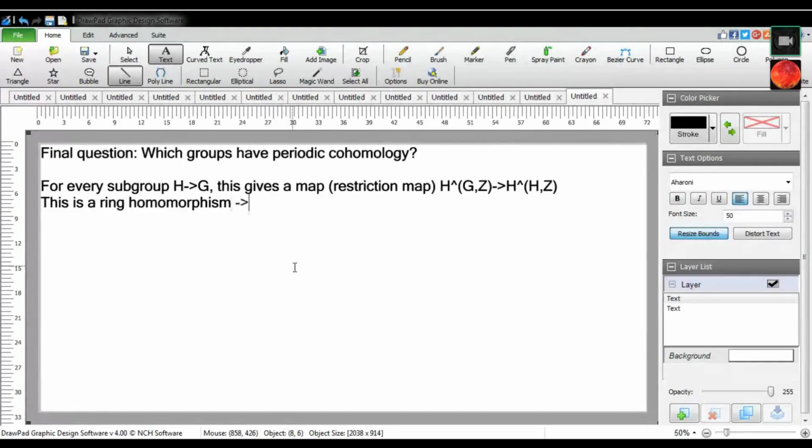What does this mean? This sends invertible elements to invertible elements. This is an important thing because there's some nice classification.